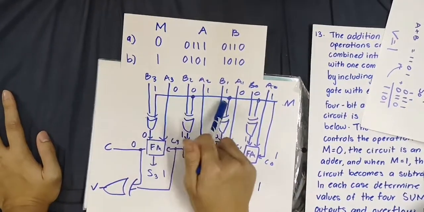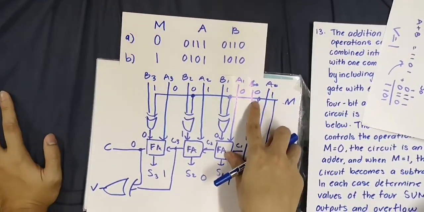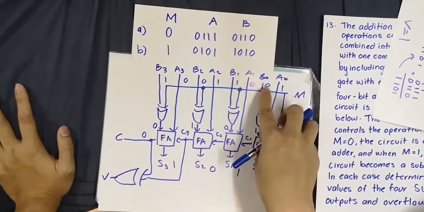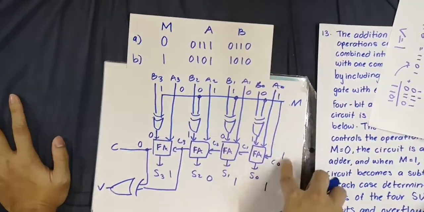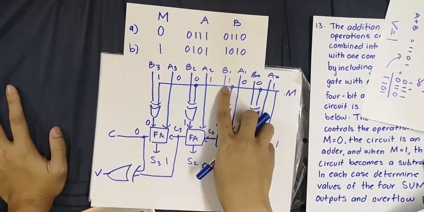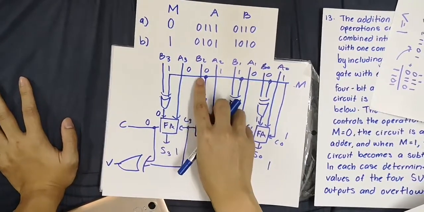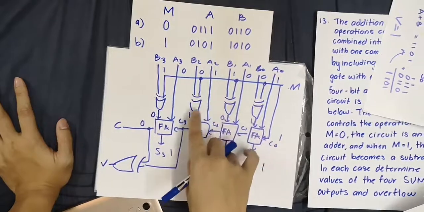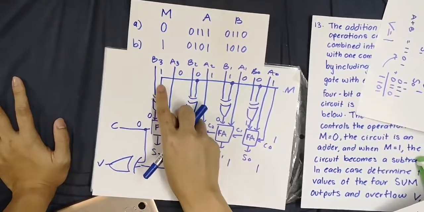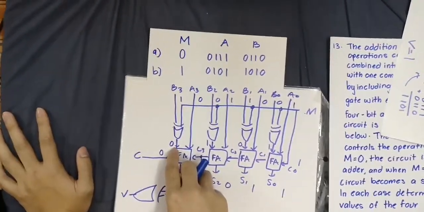First, identify the output at each of the XOR gates. For B0 is 0 and M equals 1, different inputs, so it becomes 1. Here the same inputs 1 and 1, it becomes 0. At B2 equal to 0 and M equals 1, the output will be 1 as the inputs are different, and here the same input 1, so the output will be 0.